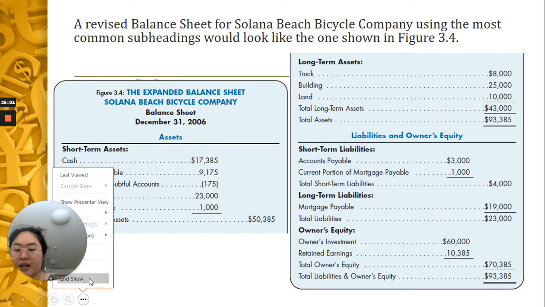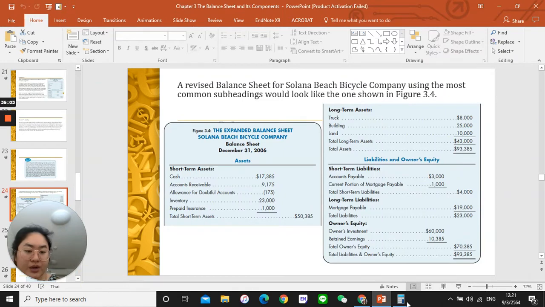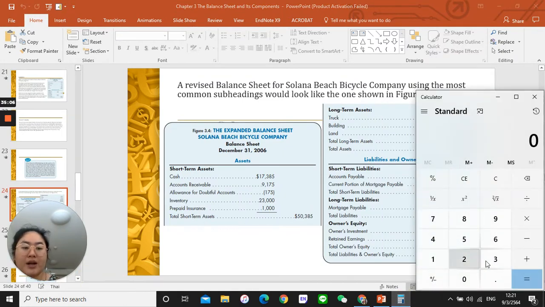I think maybe I should use the calculation for you to understand. The cash is 17,385 plus accounts receivable 9,175.